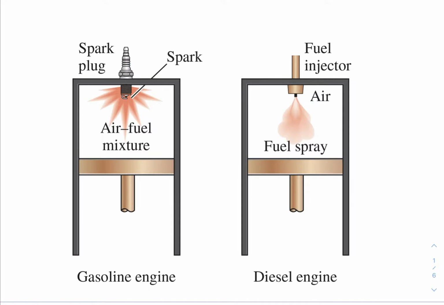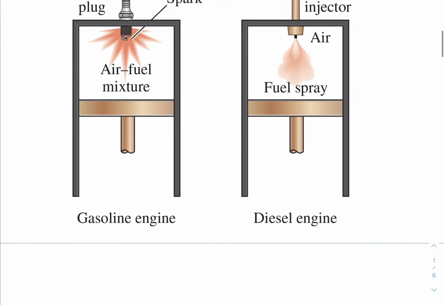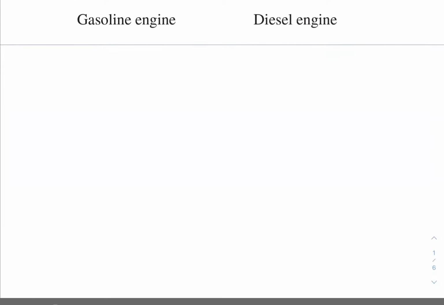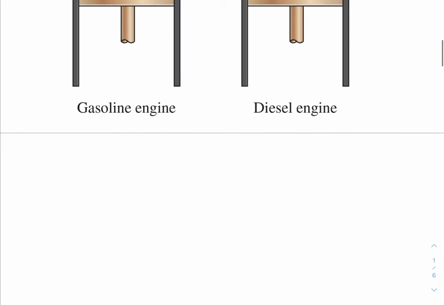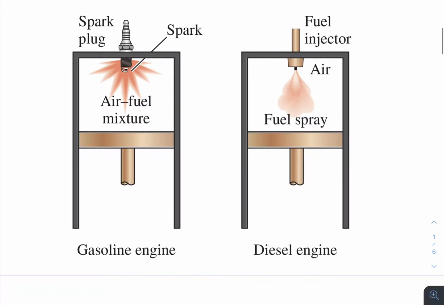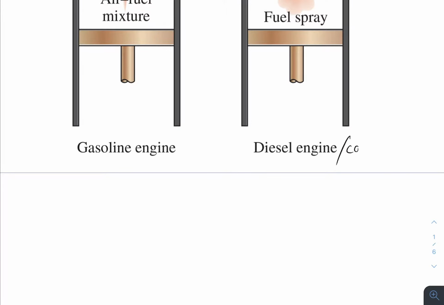due to the compression, it generates heat, right? It gets heated up. As soon as the fuel comes within that chamber, it starts the combustion. So there is no need for a spark plug in the diesel engine or compression ignition engine, right? So the diesel engine, we can name it as a compression ignition engine as well.